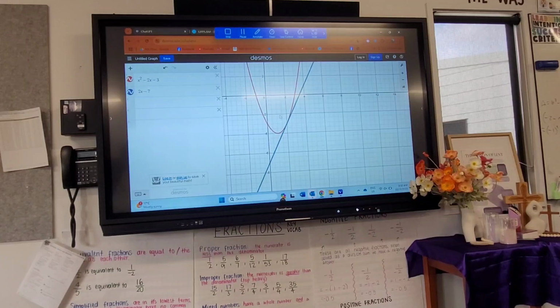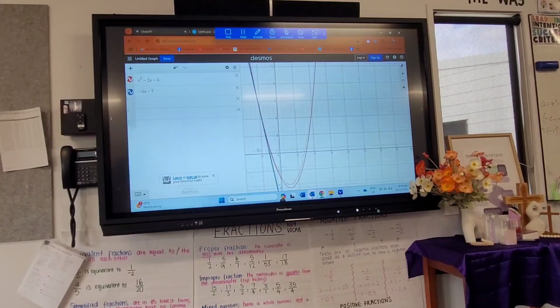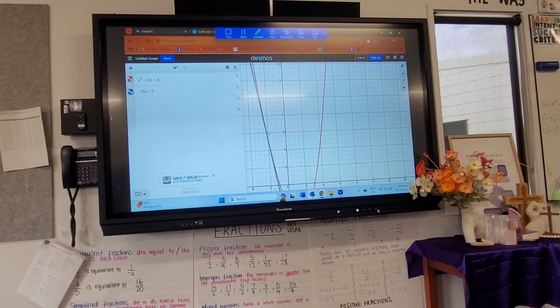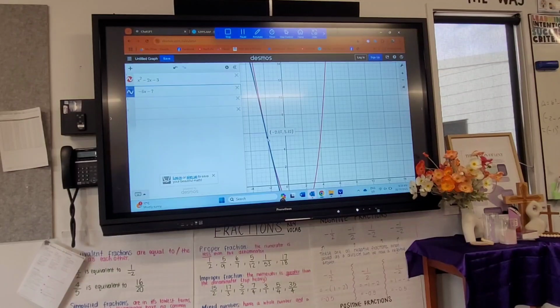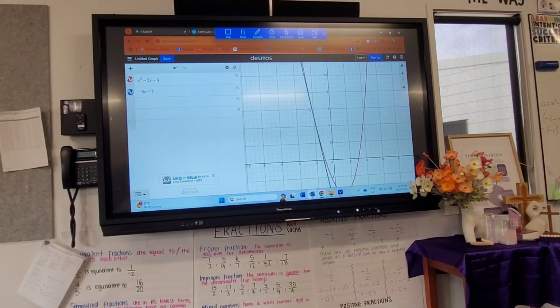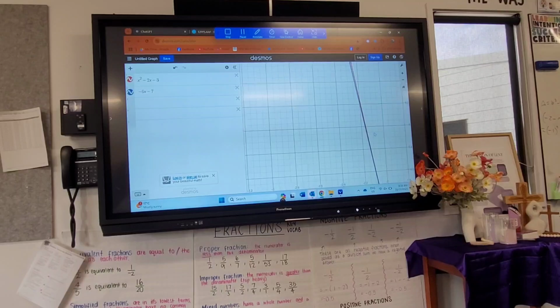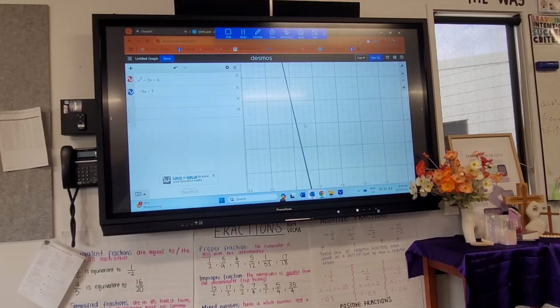That's where it touches the curve once. So we're saying what are the values of m for when there's one solution? Well, it's when m is 2. And the other solution that we have is m is minus 6. And when m is minus 6, we also have one solution up here somewhere. We can zoom in if you want to see it, but there's one solution, where it touches the curve once.